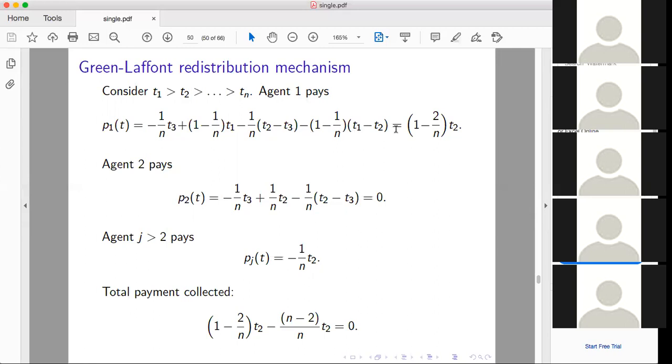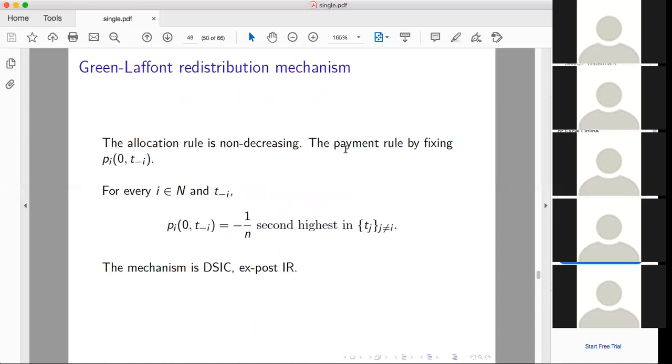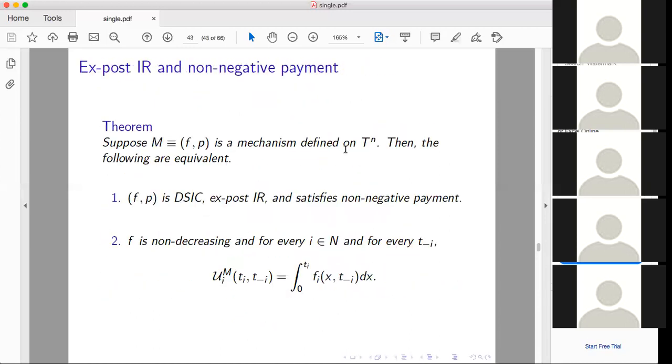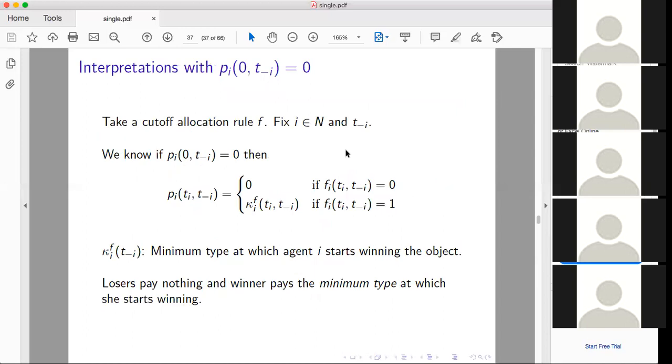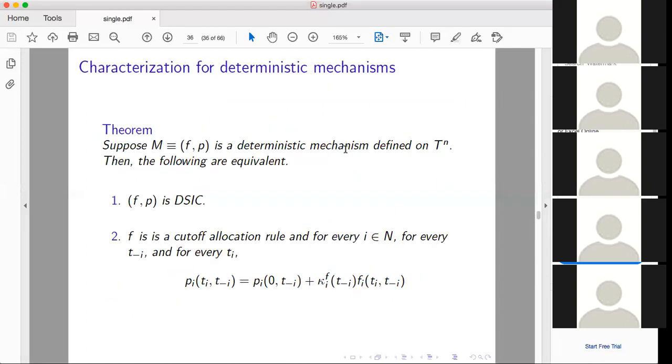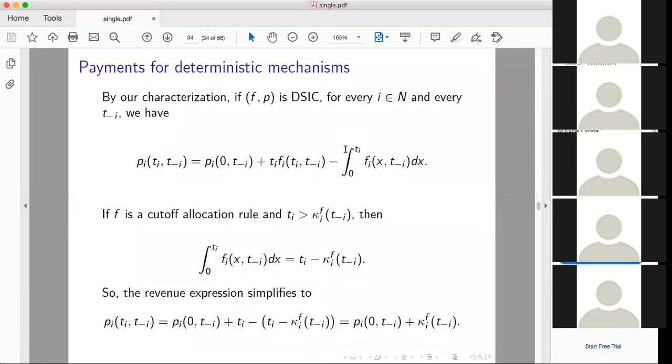And then from t1 to t2, he wins with probability 1 minus 1 over n. Okay, so I'm just simplifying this integral expression here. This integral expression will be 0 below t3.